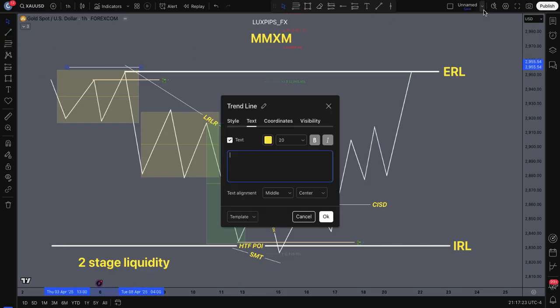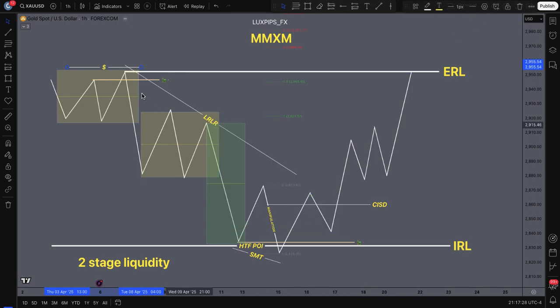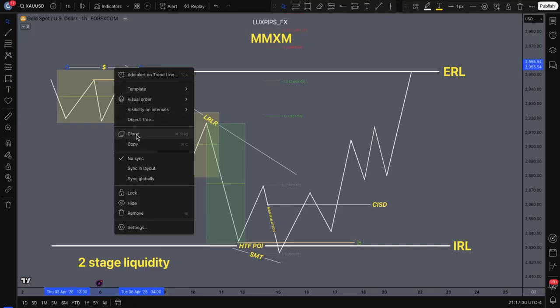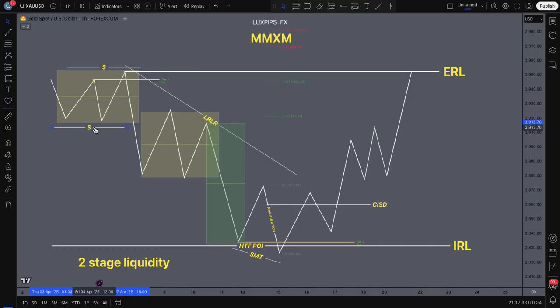So we can put $ as a representation of liquidity. That's how you want to visualize accumulations.